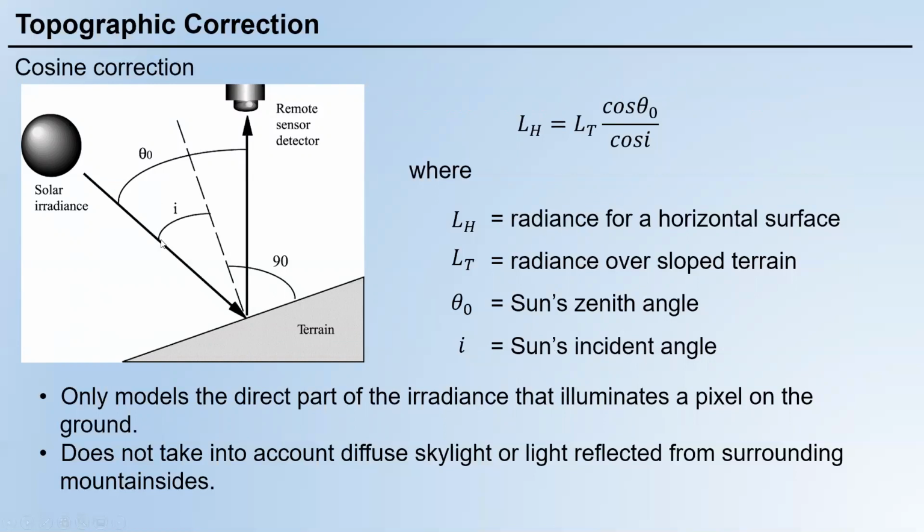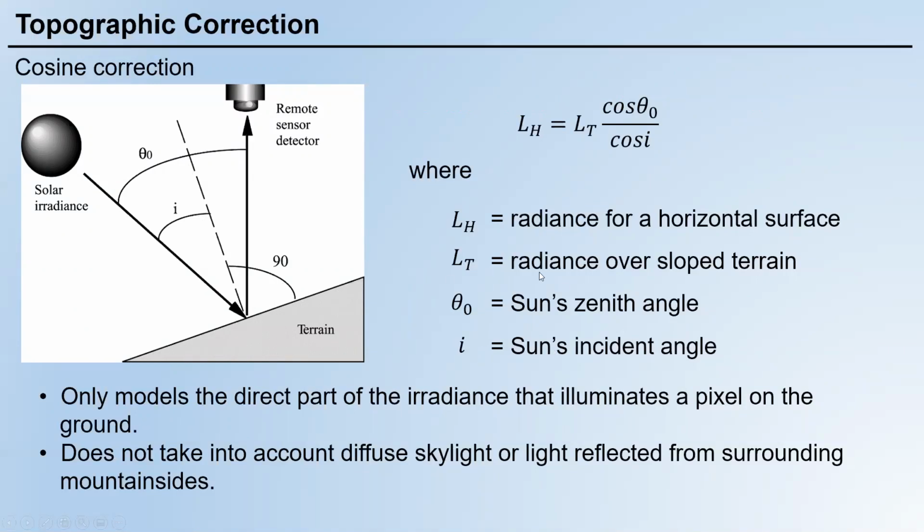This dashed line here is based on this specific terrain. It is perpendicular to the terrain, to this slope. So I is the angle between the solar irradiance and this vertical line to the terrain.